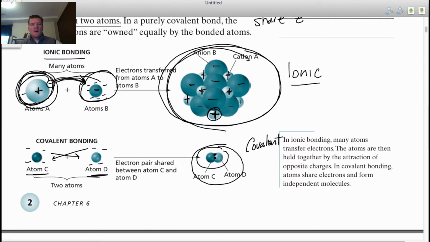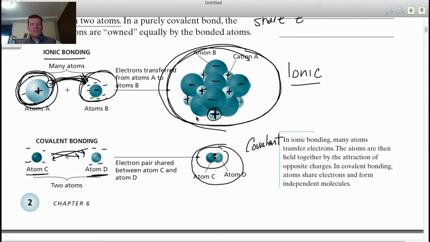Okay? Now, there are ionic compounds that are way far to one side, where there's a huge transfer of electrons. It's very evident. And there are covalent bonds where there's equal sharing, but a lot of times it's kind of in between. Maybe there's not an equal sharing. Maybe the electrons are pulled a little bit more to one side than the other, but it's not a pure transfer.